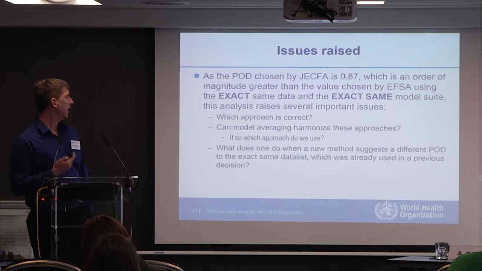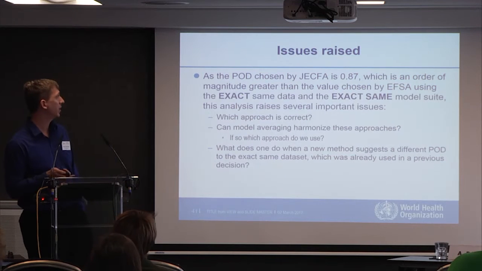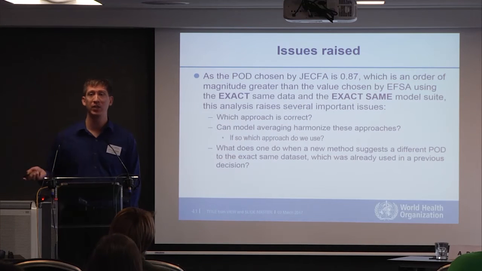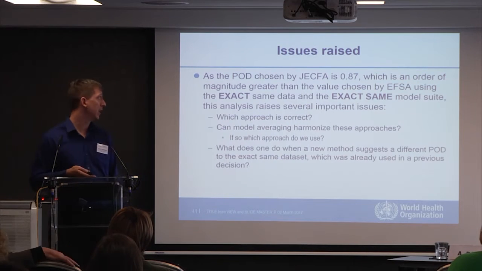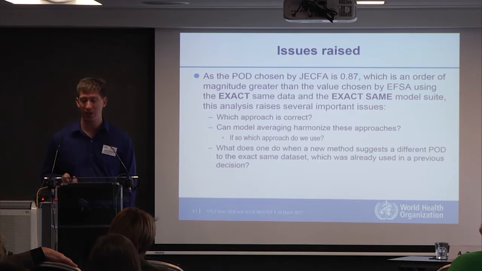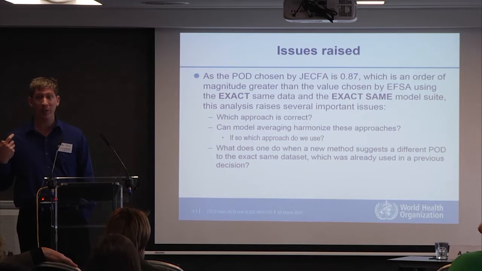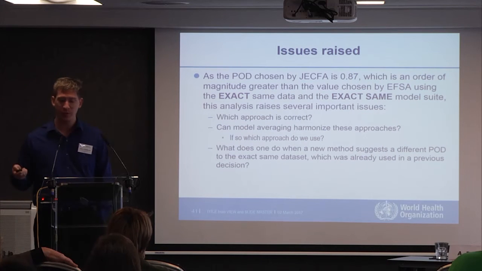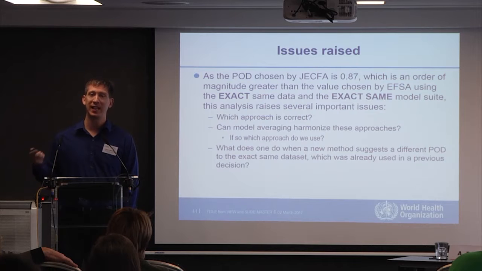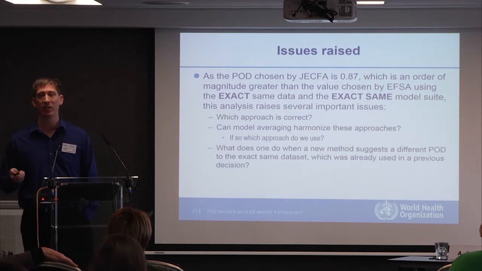So issues raised. As the point of departure chosen by JECFA is 0.87, it's an order of magnitude greater than what EFSA used, using the exact same data and the exact same model suite. So which approach is correct? Harmonization. What do we use? And what does one do if a new method suggests a different point of departure using the exact same data set, which was already used in a previous decision?